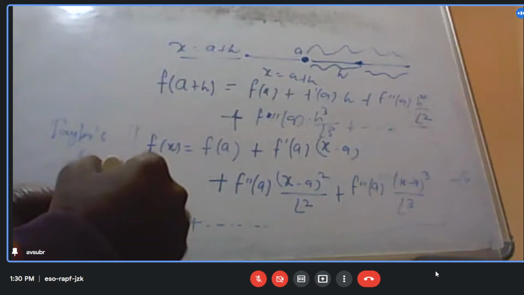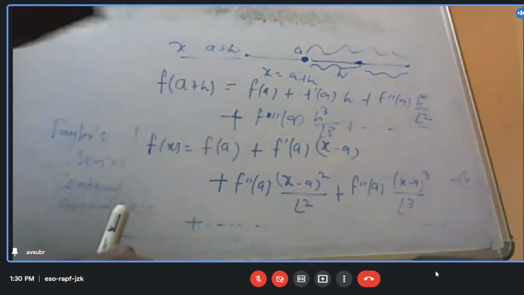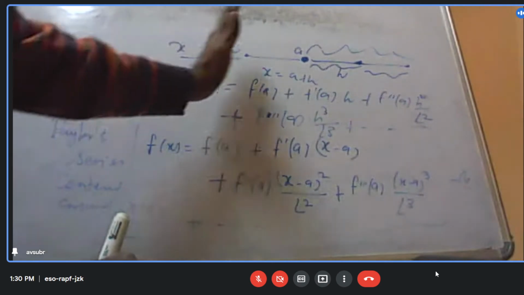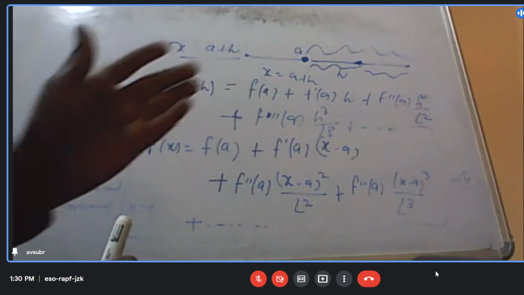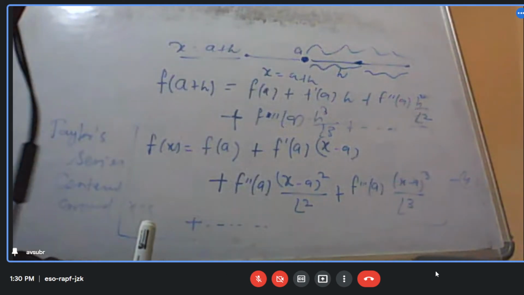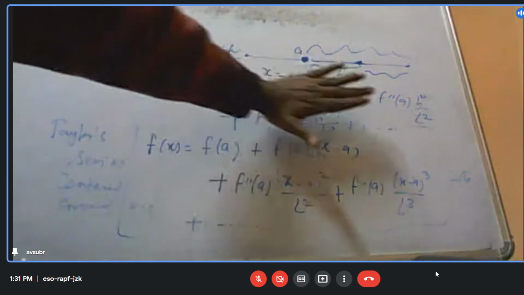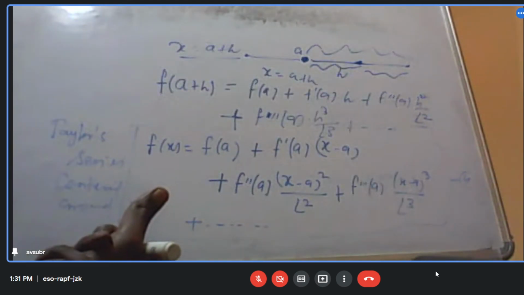That is what it means. It is saying that it is shifted by h. As you keep shifting by h, your x will also shift. So we can write it like this also. I hope it is clear to you all.